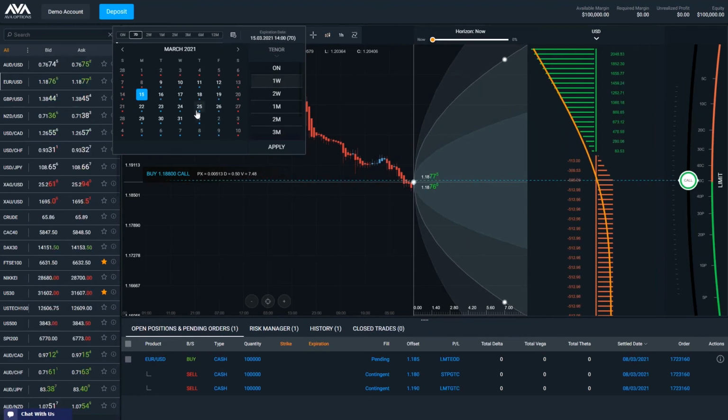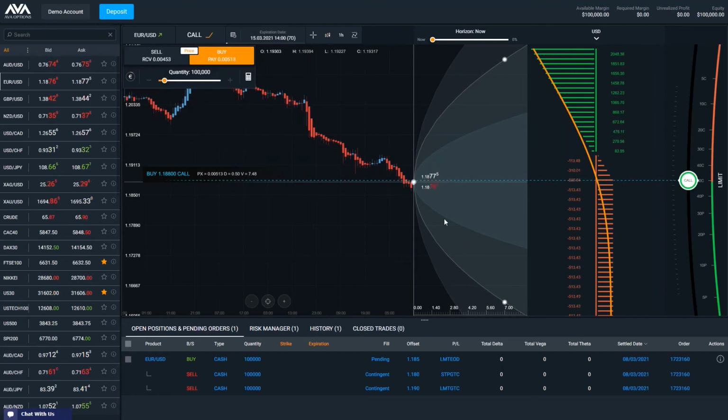I can choose any day I want as long as my trade size is at least 100,000 for currencies. I can make my option longer or shorter, but let's just leave it at 1 week. In this center, we have what are called the confidence intervals. The inside gray arcs are showing us where the market might go in the next week based on plus and minus 1 standard deviation of movement.